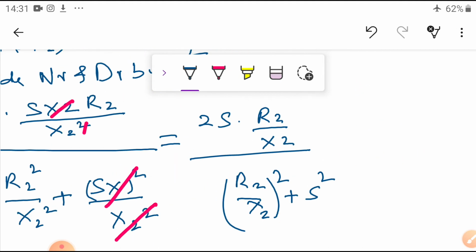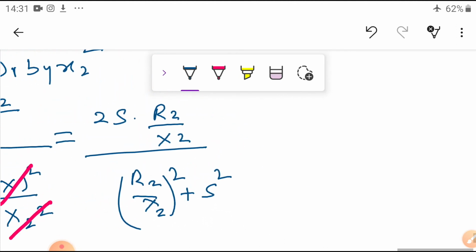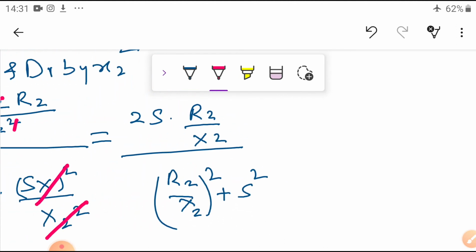Here I am going to write where A is equal to R2 by X2.